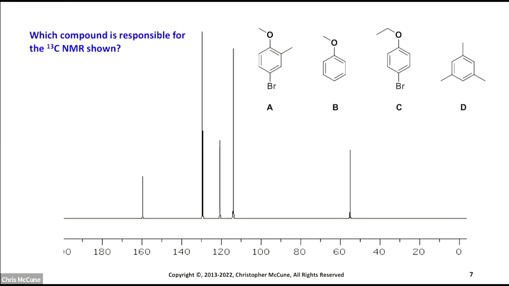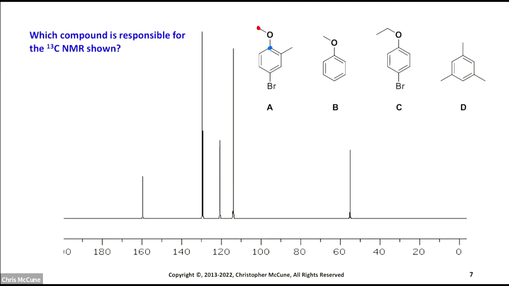So what I want to do is just look at a couple spectra here. I've got A, B, C, and D as options for the structure responsible for the carbon 13 NMR shown here. So if we dissect each structure like we did with the previous slide, we'll see here that, okay, I've got a carbon there. I've got another carbon there.